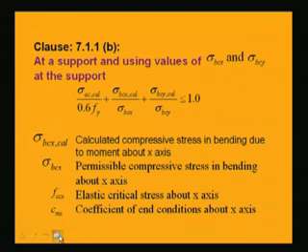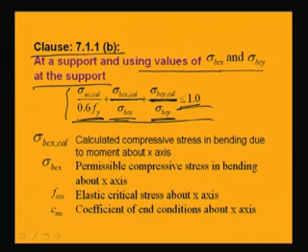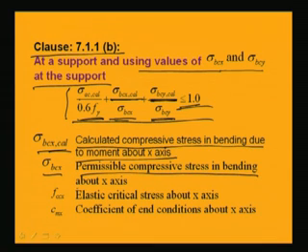So, these are given in the codal provision, and in clause 7.1.1b it has been given like this: at a support, and using values of sigma BCx and sigma BCy, this will be sigma AC calculated by 0.6 Fy plus sigma BCx calculated by sigma BCx plus sigma BCy calculated by sigma BCy should be less than or equal to 1, where sigma BCx calculated is the calculated compressive stress in bending due to moment about x axis, and sigma BCx is the permissible compressive stress in bending about x axis.